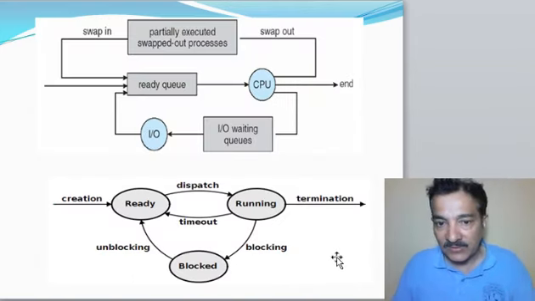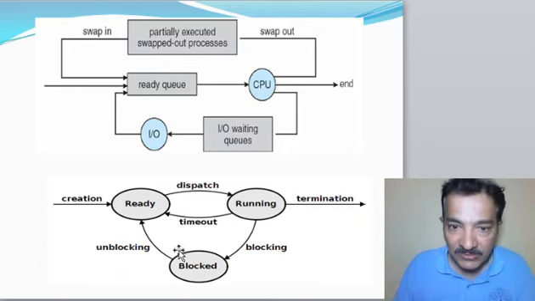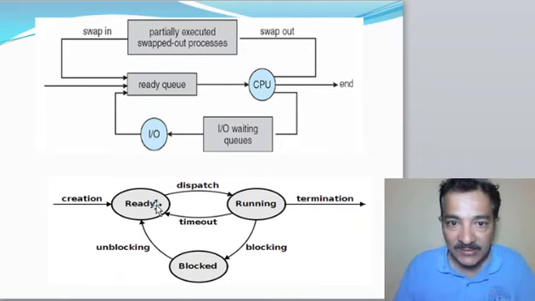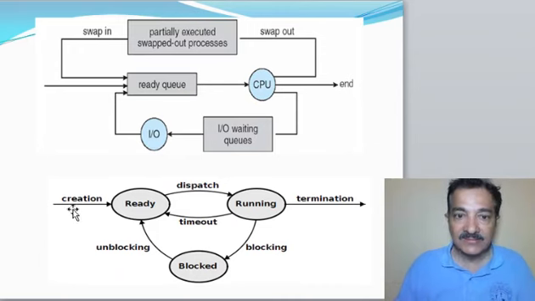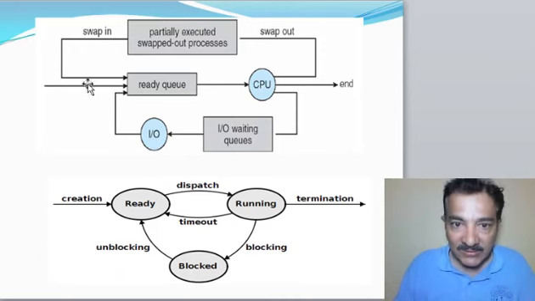In an earlier video I have already explained this one. Let me do it again in more detail. Once a process is created, it is put into the ready queue. The ready queue is something like a queue.